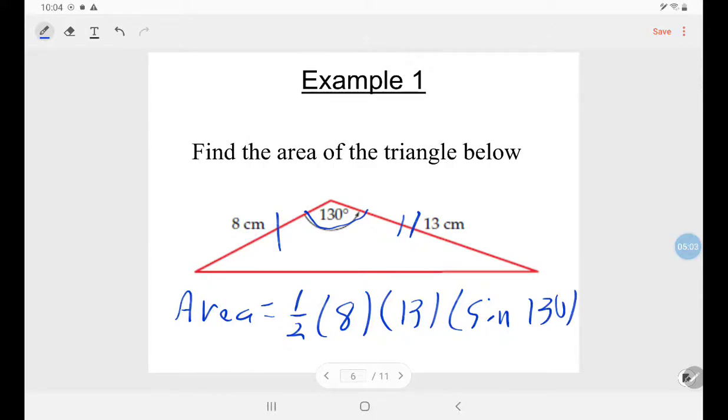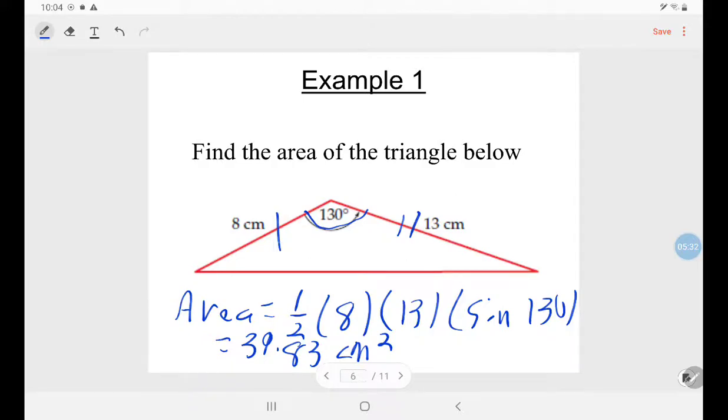So let's break out a little calculator here, and if I take half times 8, which is 4, times 13, times sine of 130, I get a triangle area of about 39.83 units, or centimeters, I guess, squared.